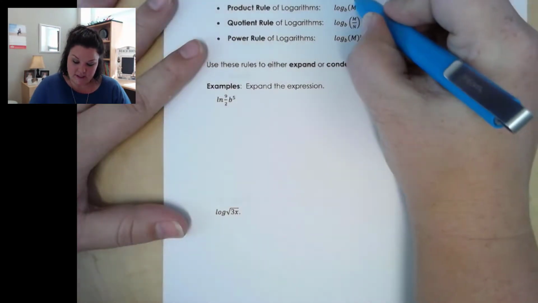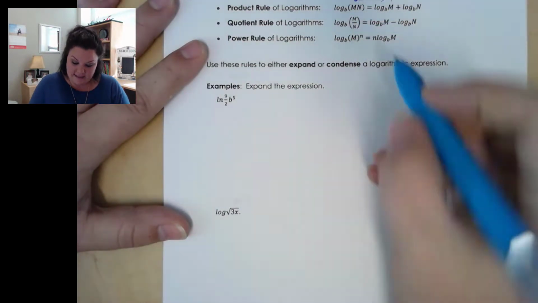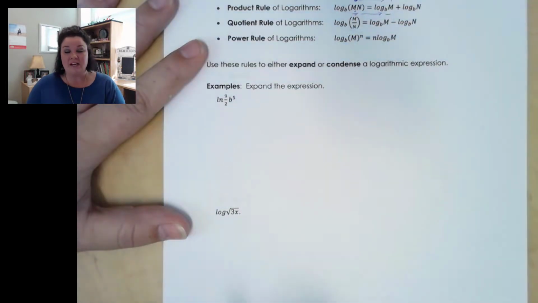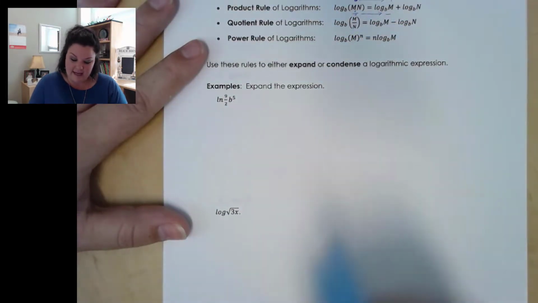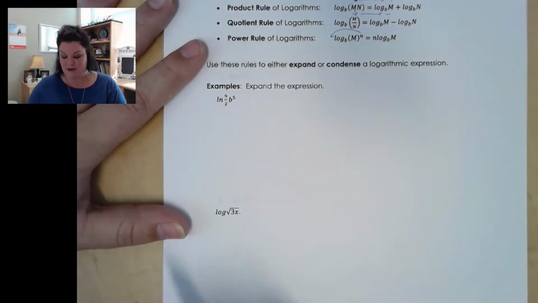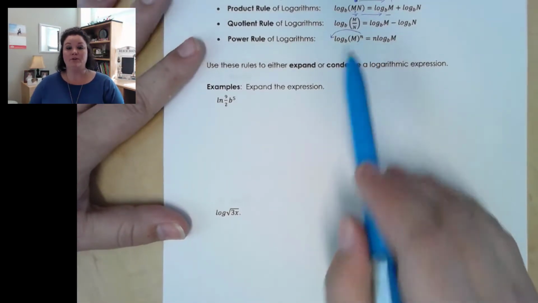All right, so just as a refresher of the rules we learned in the last video, a multiplication inside the log turns into addition, a division inside the log turns into a subtraction of log terms, and an exponent on the inside value of the log can come down as a coefficient of the log. Okay, so we're going to use these in both directions.